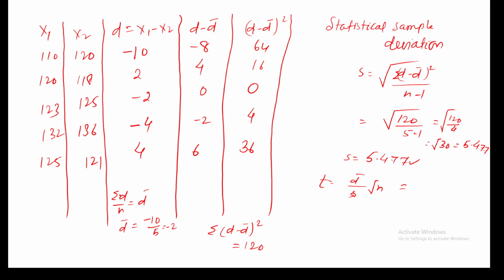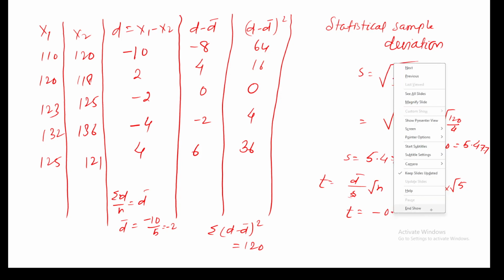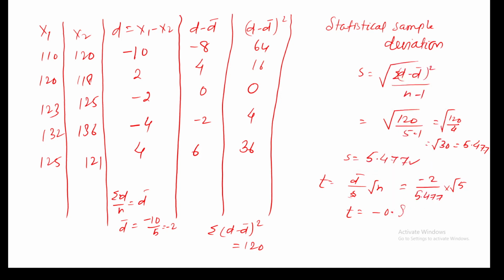Can anyone say the t value? Minus 2, upon 5.477 into root n, n equal to 5. How much? Minus 0.8165. Correct, na?